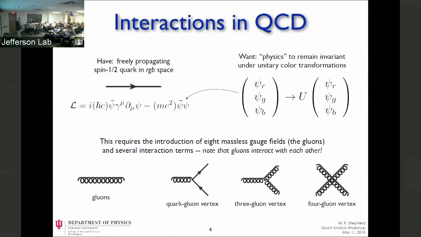And if you want to preserve that gauge invariance, then the way to do that is to introduce interactions in the Lagrangian that look like a quark-gluon vertex, or a 3-gluon vertex, or a 4-gluon vertex. And these are the types of interactions that make QCD really interesting, right? The fact that the gluons can interact with each other. And so in a way, the source of those interactions comes from the idea that you have color and that you have gauge invariance in the QCD interaction.